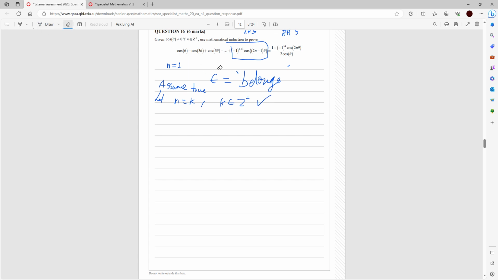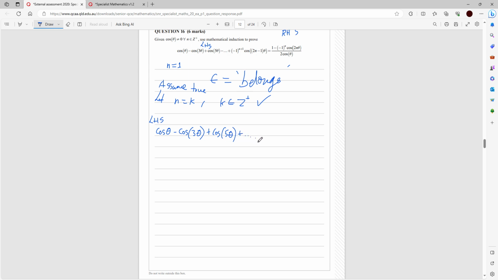Now all you got to do is kind of an easy part, just substitute wherever n is, replace that with k. Alright, I'm going to write the left hand side. Left hand side, I'm going to go cos theta minus cos 3 theta plus cos 5 theta plus dot dot dot.